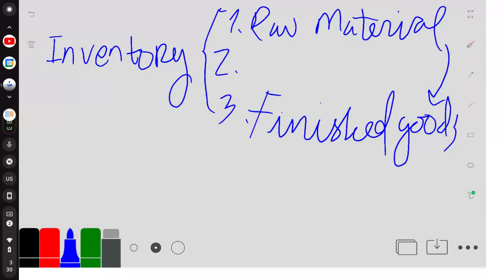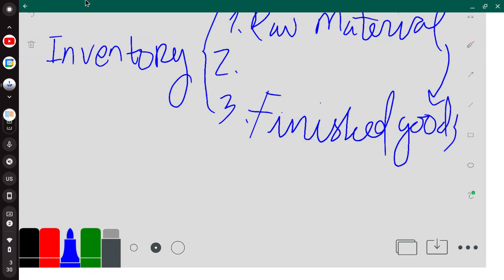While the raw material first went into the production process, it's the state before it comes out as finished goods. You can all imagine what it means. It's the state of the good that's still in the production process.